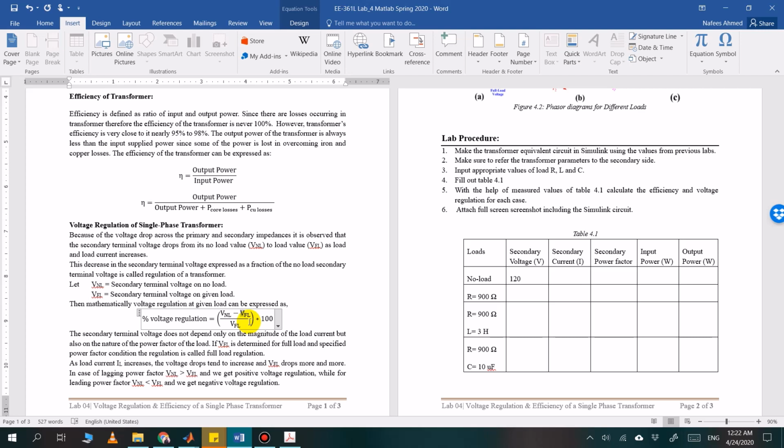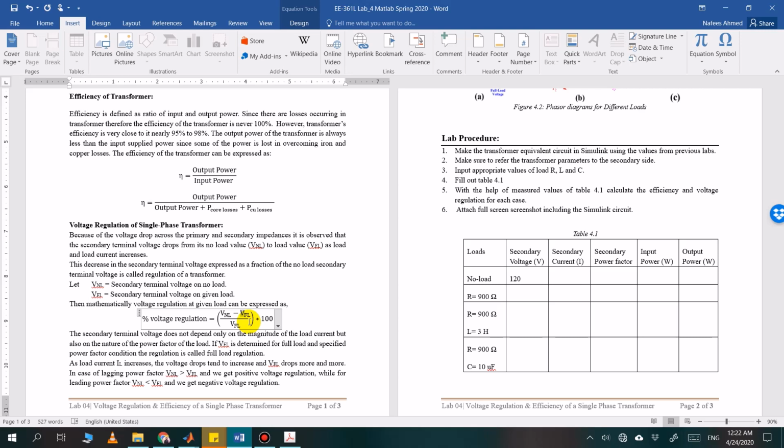the standard limit on the voltage regulation in the household is around 5%. As you know, the standard voltage in Pakistan is 230 volts. So the utility company is bound to provide you a voltage regulation of plus minus 5%. If you calculate 5% of 230 volt, that is around 10 volts.